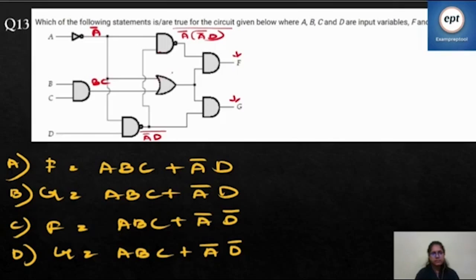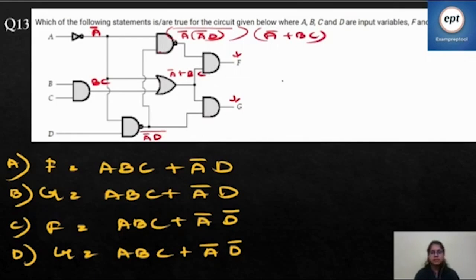This will be A bar plus here the output will be BC, and this is connected to this. So this one will be one expression and the other expression will be A bar plus BC. So this is the F.